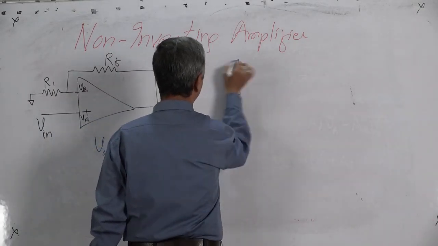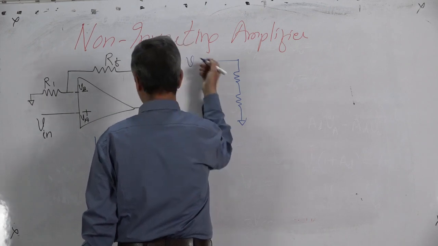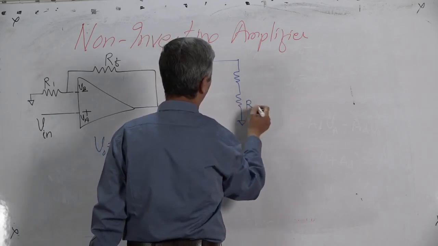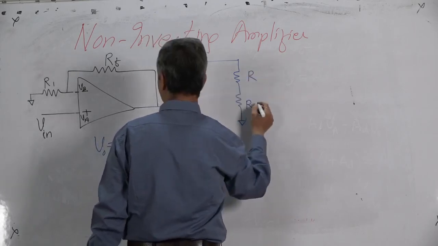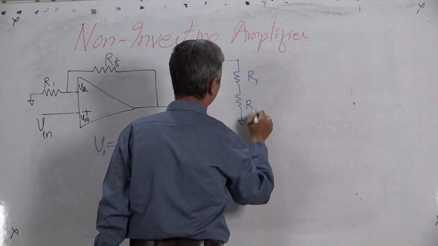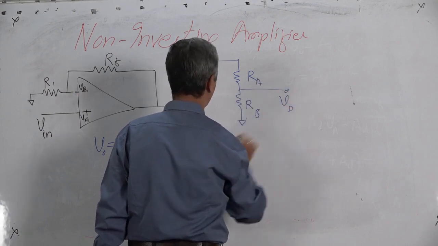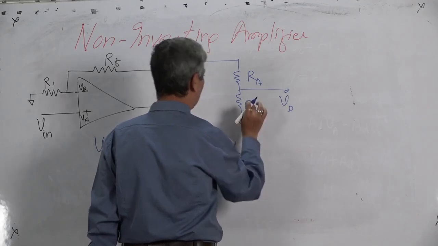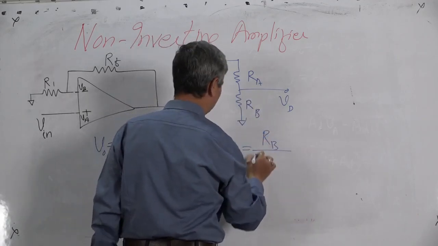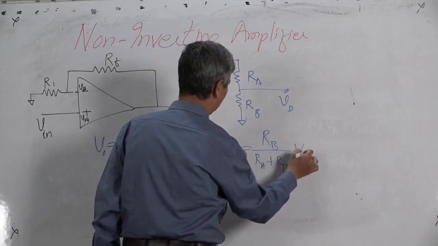If this is ground, and you connect something as VC, I will use RB and RA so that there is no confusion, and this is VD. So, what is VD? VD is equal to RB upon RA plus RB into VC. It should not need to be told, but I am just telling, because it is assumed.